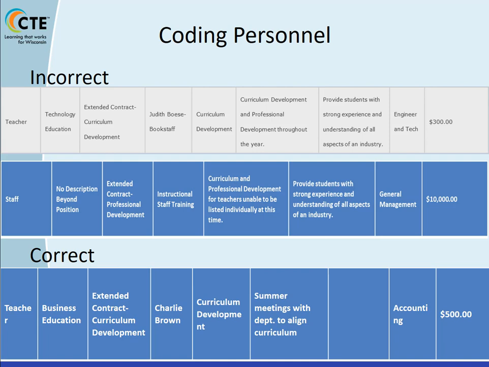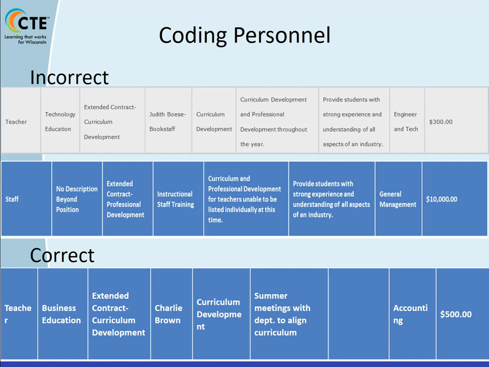Those two things need to be coded separately. In addition, the rationale doesn't quite align. Professional development and curriculum development are not providing students with strong experience in an industry. The law is referring to instruction in that case.